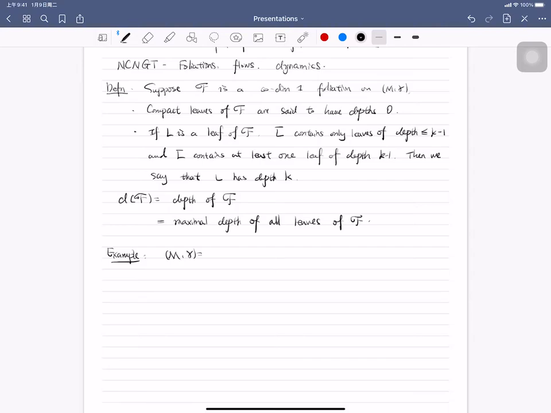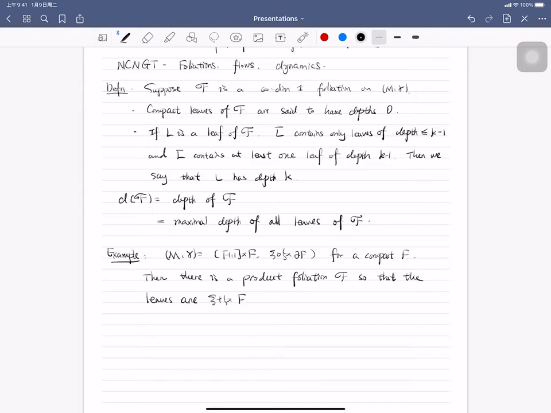So for example, if we have a product sutured manifold, for a compact F, then there is a product foliation, so that the leaves are of the form T times F. So F is taut, and the depth of F is 0, because all leaves are just F, and so they are compact.